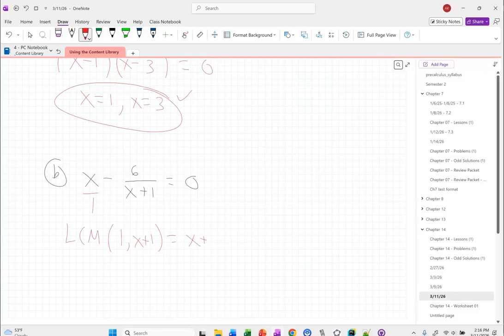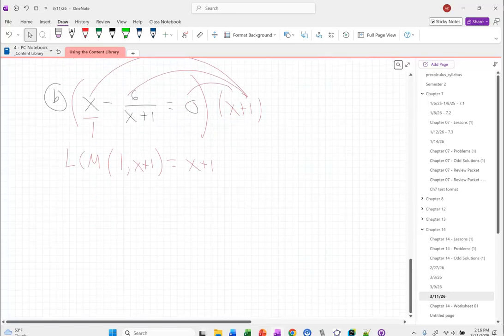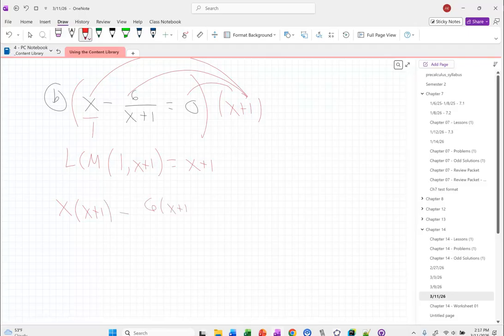So multiply both sides of the equation by x plus 1, as long as it doesn't equal 0. So I have x times x plus 1 minus 6 times x plus 1 over x plus 1 equals 0.